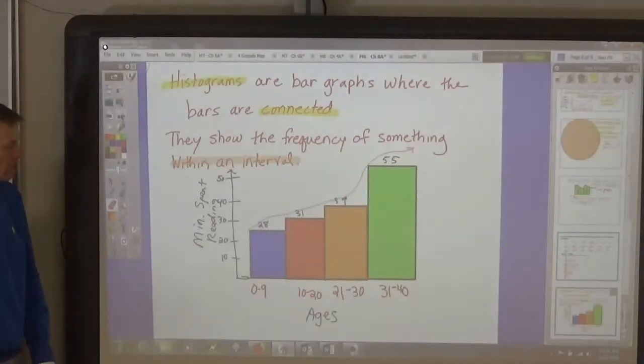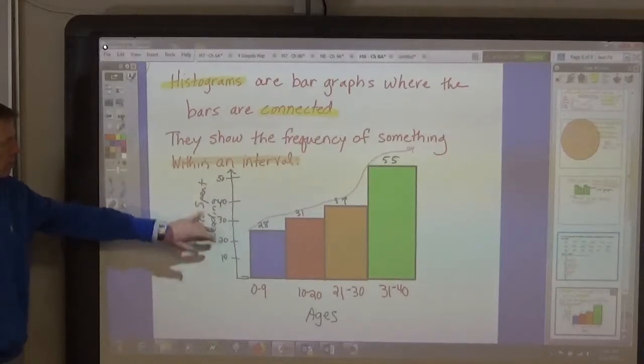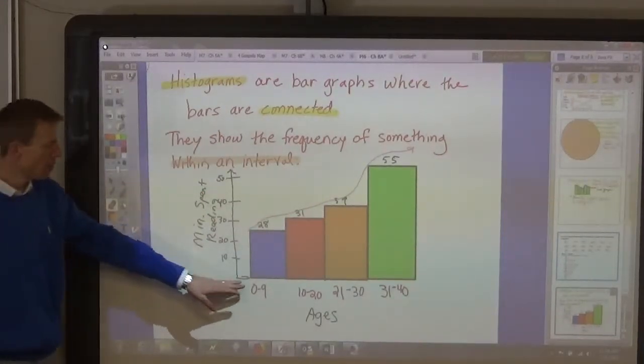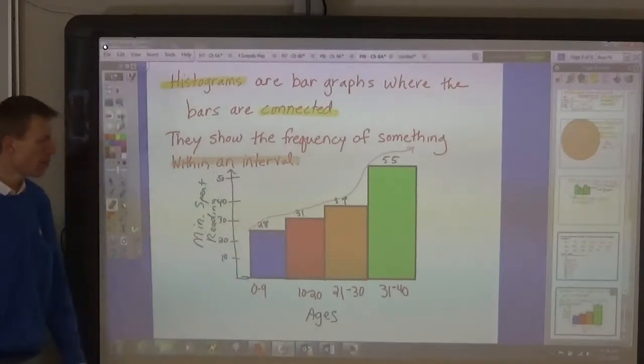So for example, ages of people. Minutes spent reading, that's what this one is about. The ages of people and the minutes that they spend reading.